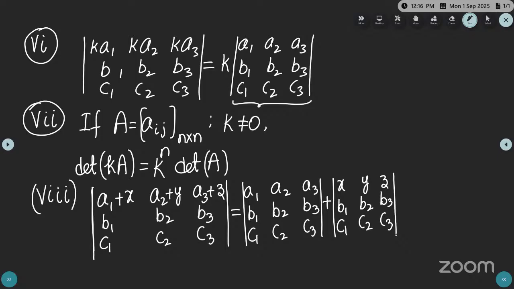Not zeros. That is not addition of matrices, it's about addition of determinants. You can write sum of two determinants. If it is sum of n elements in any row, you can write it as sum of n determinants. If the next row is also sum of n elements, another n determinants. Is it clear or not? Right.